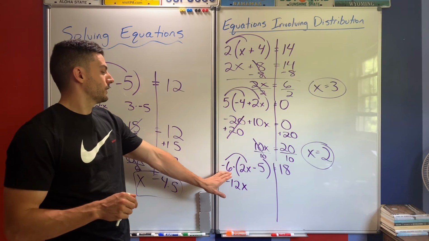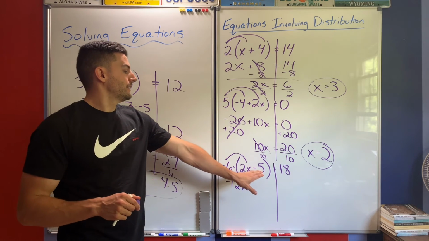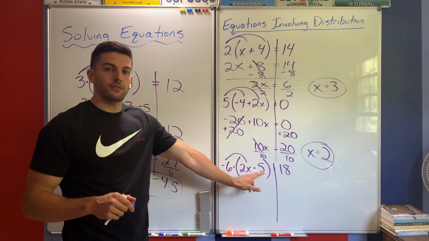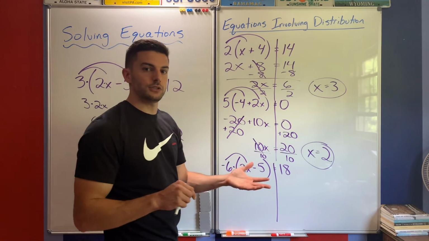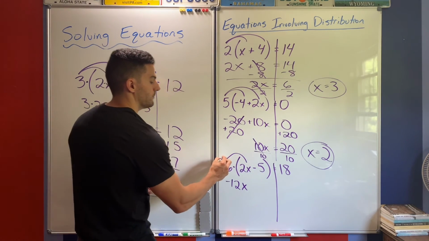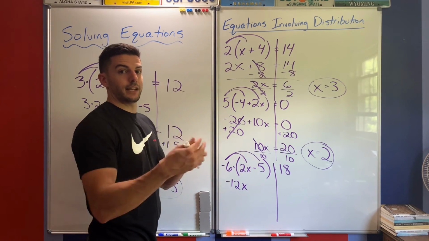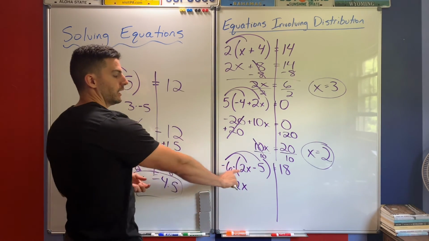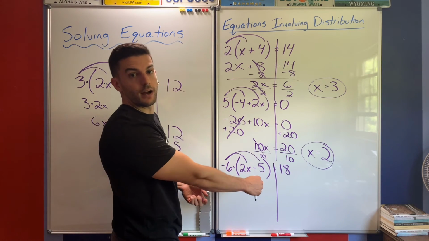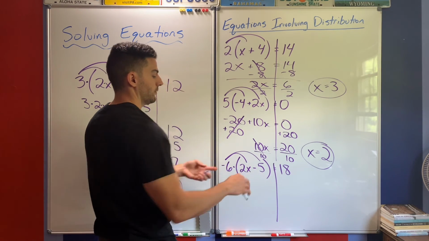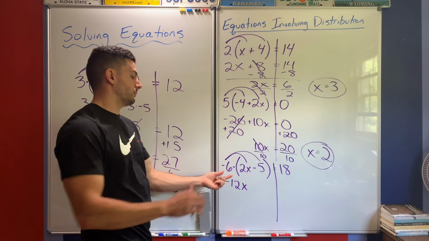But watch this, negative 6. And this is tricky. This says 2x minus 5, but something that you'll see in algebra a lot of the time, a minus sign is kind of the same as a negative. So really, I like to think of this as a negative 5, because when I multiply these, that's actually going to help me.